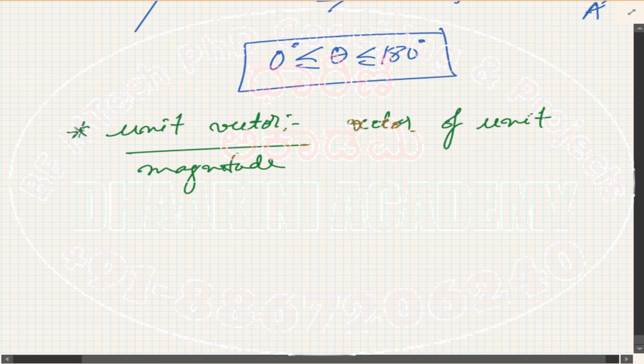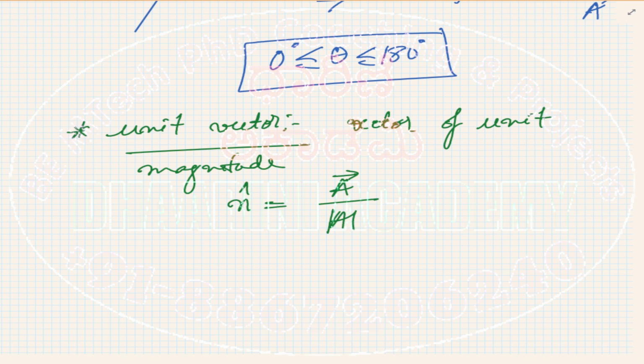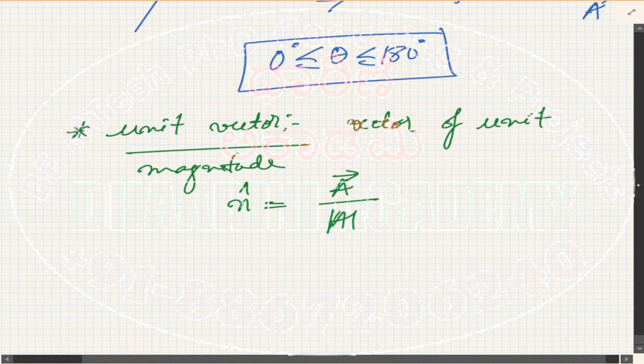Now, how do we measure the unit vector? Normally the unit vector is written as n cap. That is nothing but vector A divided by its magnitude. Vector A can have any magnitude; divide by its magnitude to get unity. That is called the unit vector.